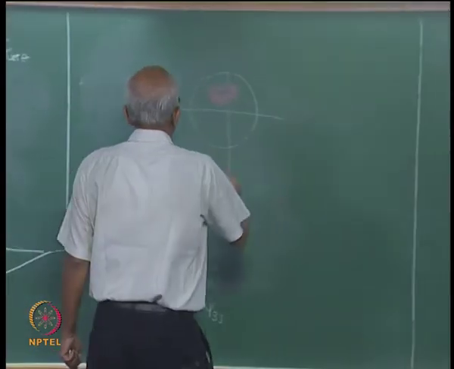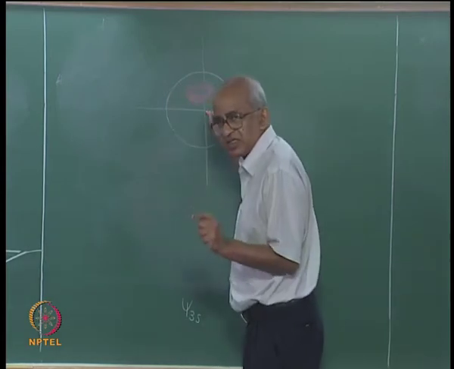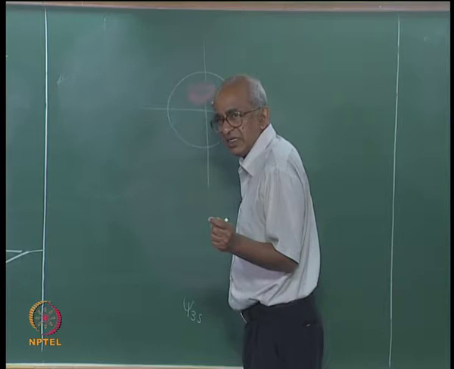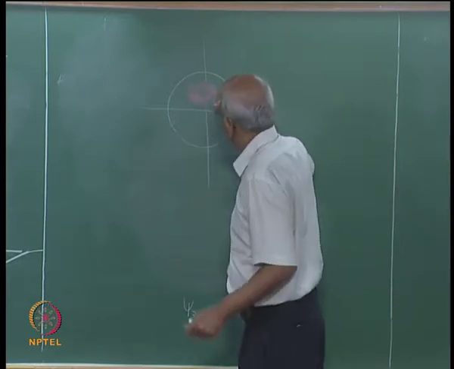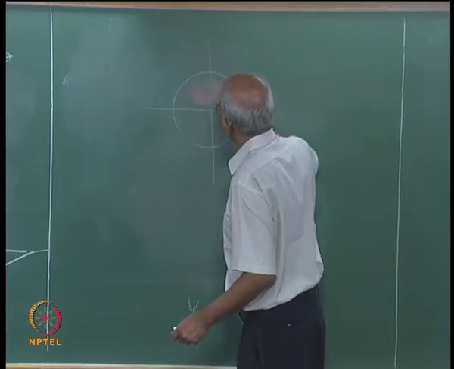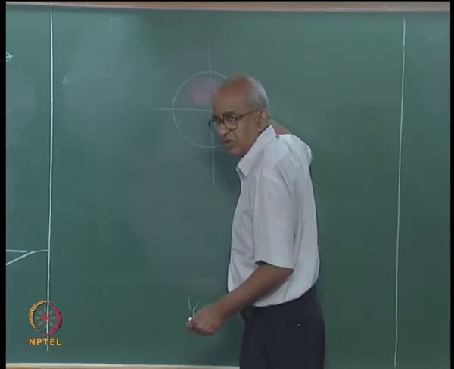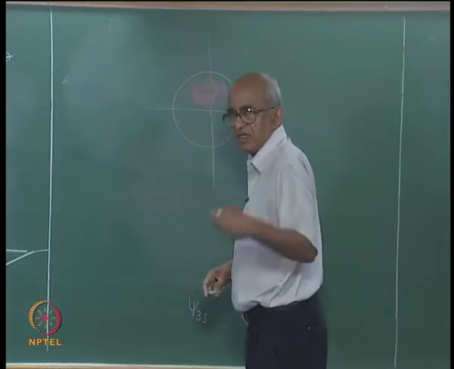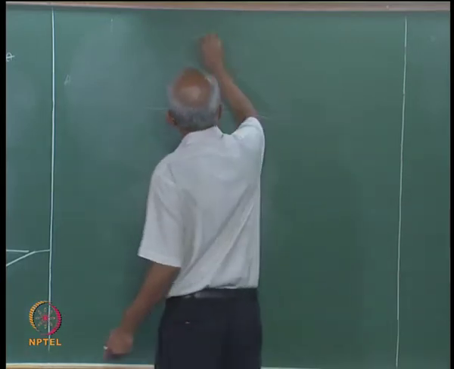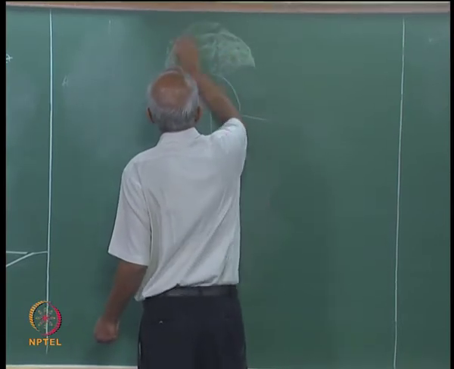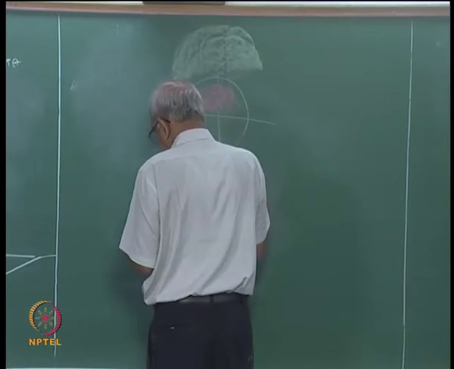At the nucleus the function has the value 0, and as you go away from the nucleus the function increases, but on the surface of the sphere the function becomes 0, and as you cross the sphere it will change sign. So, you will have a region here where the function becomes negative.